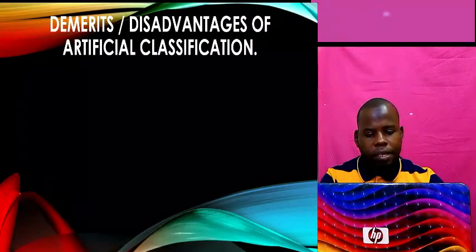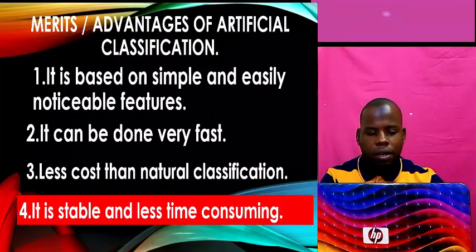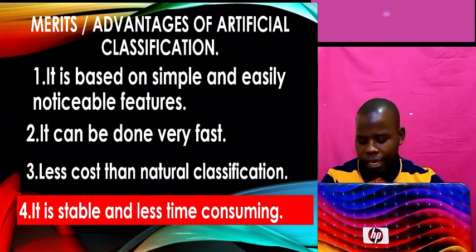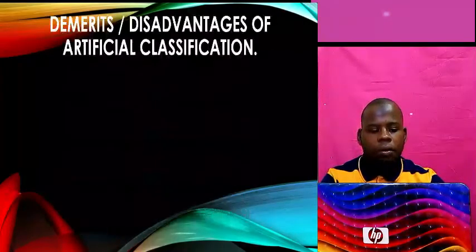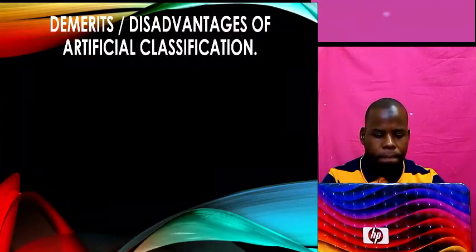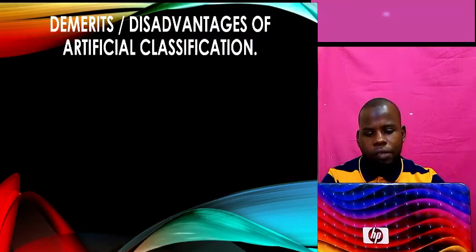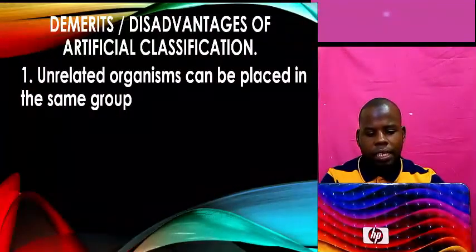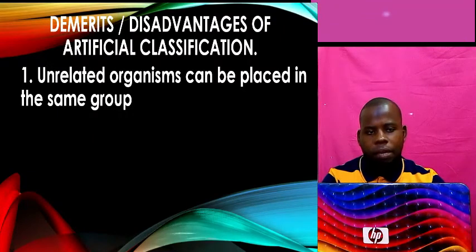Now there are demerits. Apart from the advantages or merits, we can see the disadvantages, or demerits. What are the demerits of artificial classification? Number one, unrelated organisms can be placed in the same group.